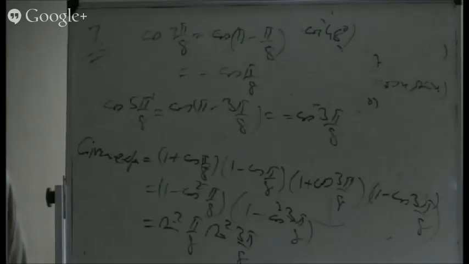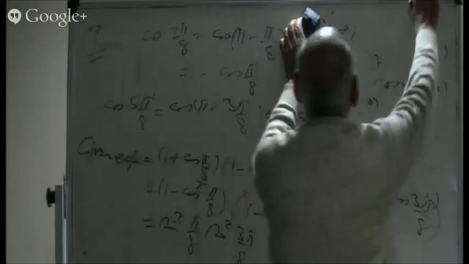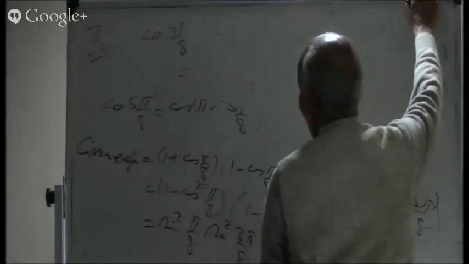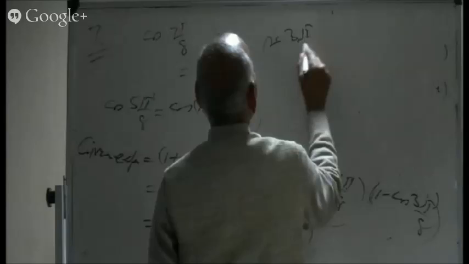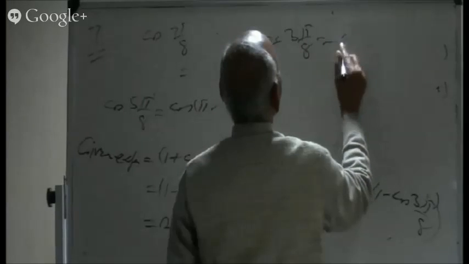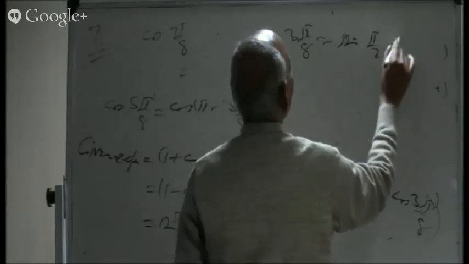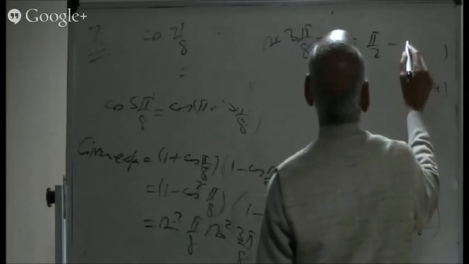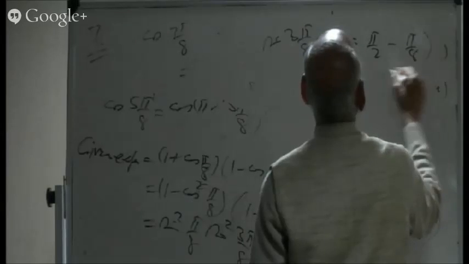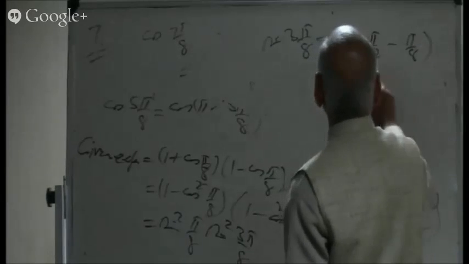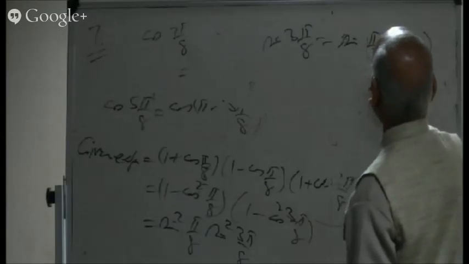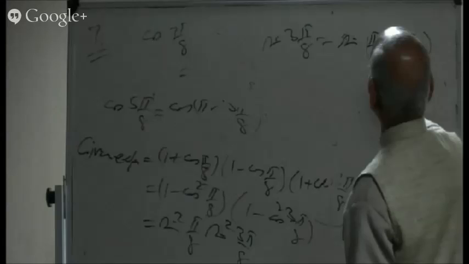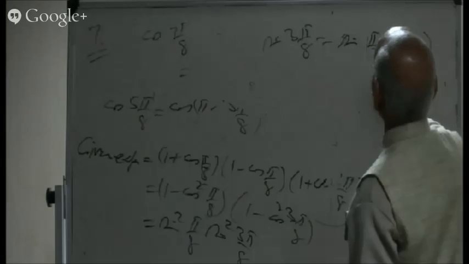After this, one more manipulation is required. Another step to be noticed: here is sine of 3 pi by 8. I am writing it as sine of pi by 2 minus pi by 8.